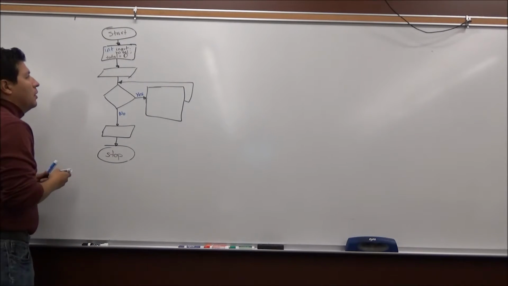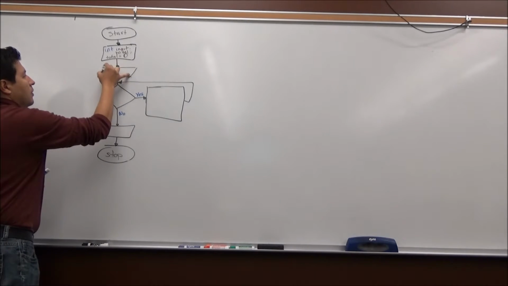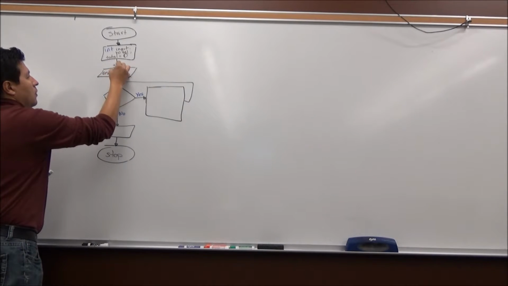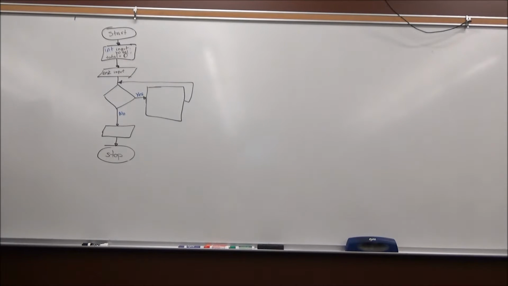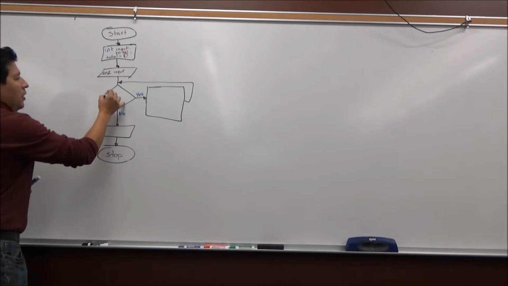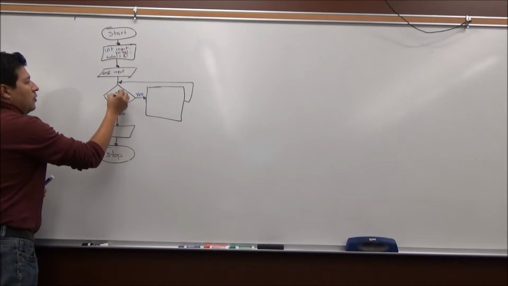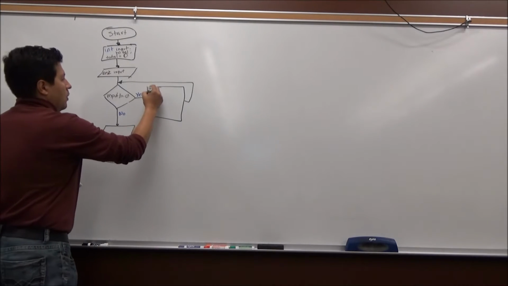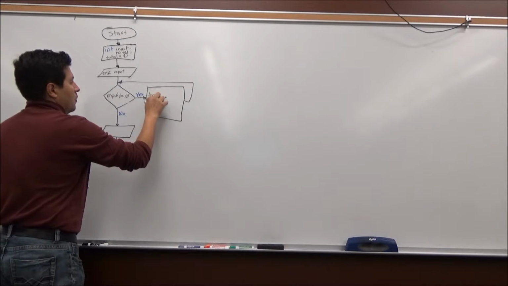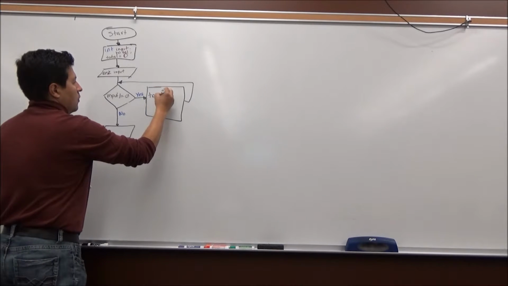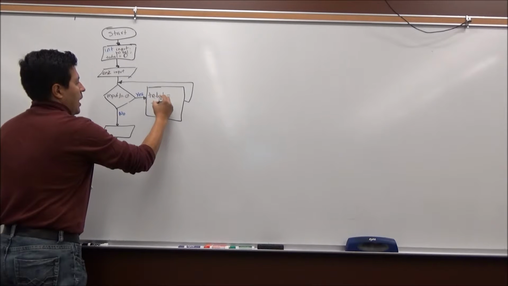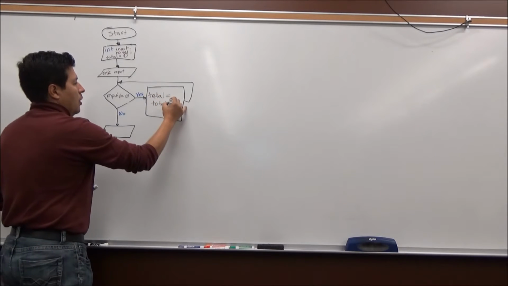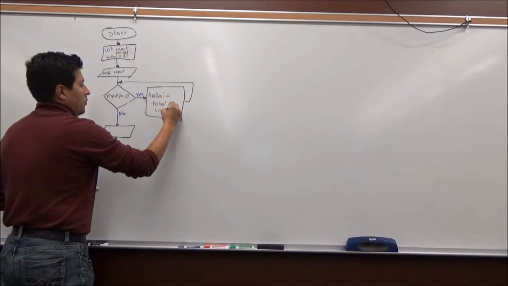So we ask for the input, right? And then we ask if the input is different than 0. If it's different than 0, the total should be whatever the total had before plus the input, right?